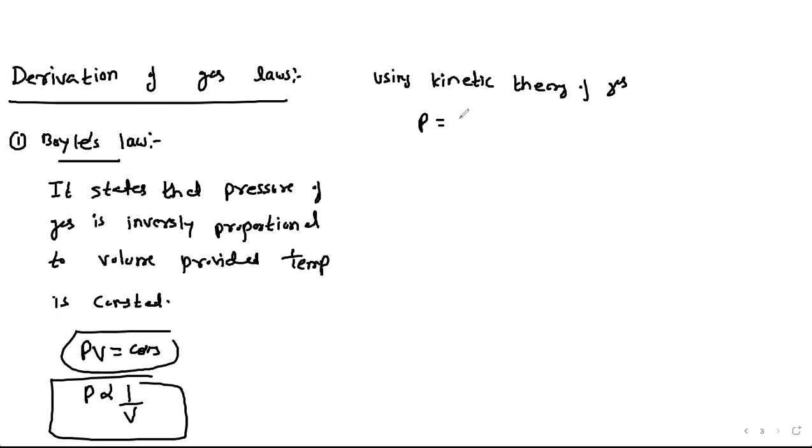The expression of pressure is 1 by 3 rho v square. This rho you can write as m by V, so pressure is 1 by 3 into m by V into v square. You can just multiply this here. PV is equal to 1 by 3 m v square bar.